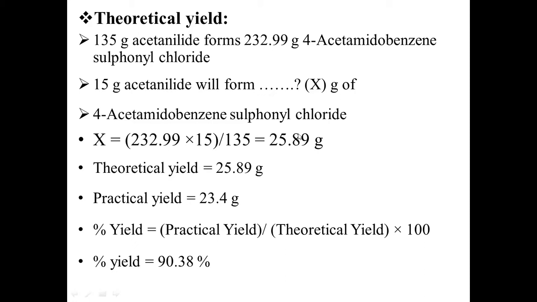Now the percent yield of this product is practical yield divided by theoretical yield, times 100. The percent yield is 90.38 for 4-acetamido-benzene sulfonyl chloride after complete drying.